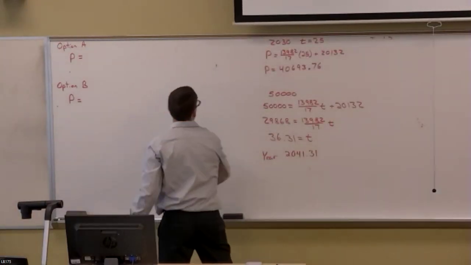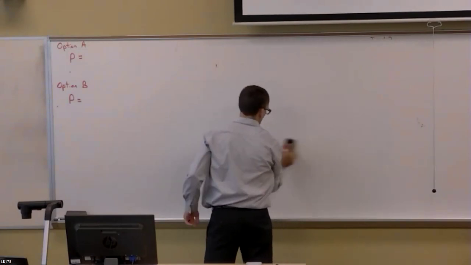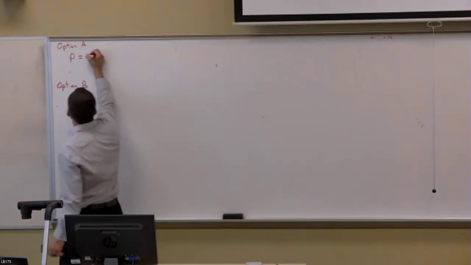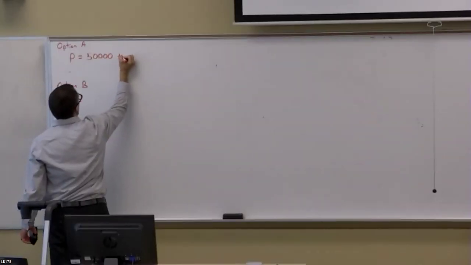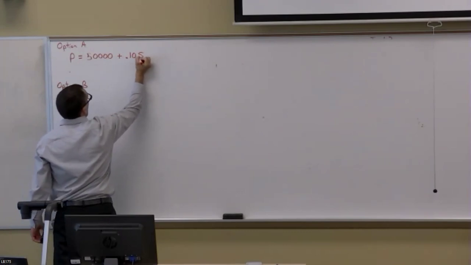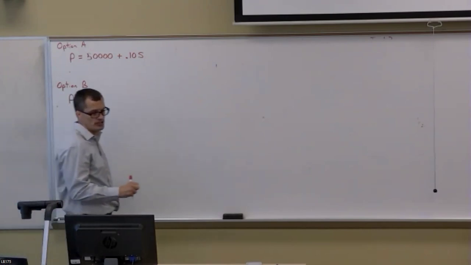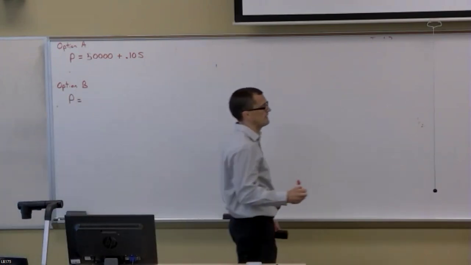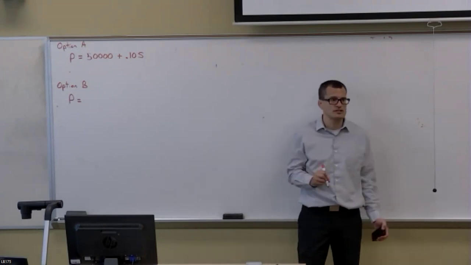So the pay there is going to be $50,000 plus a 10% commission. Anytime you're talking about percentages, 10% of something, you have to change it to a decimal, in this case, or a fraction.